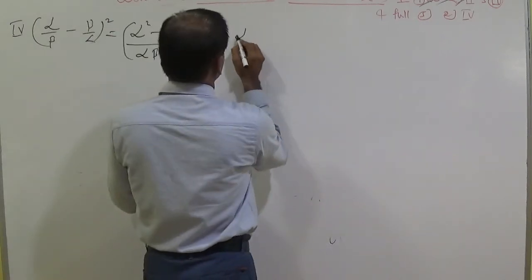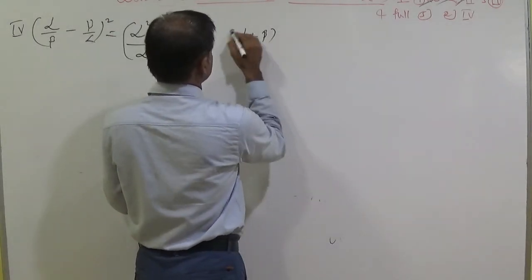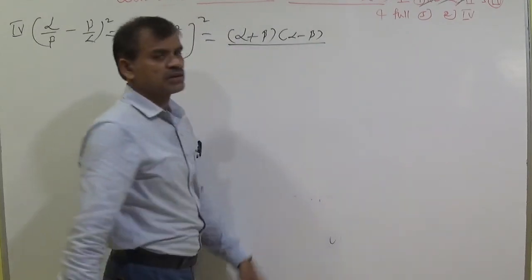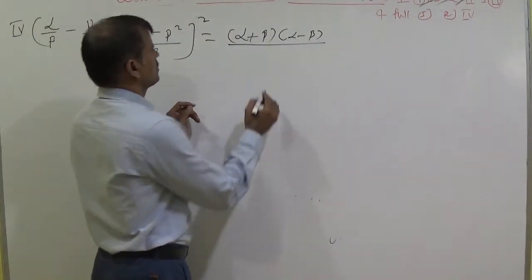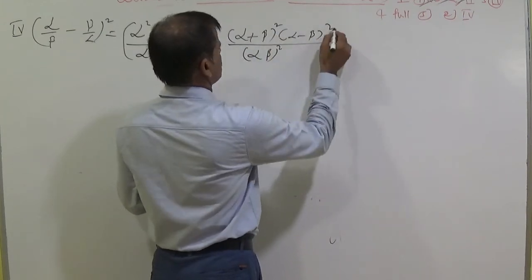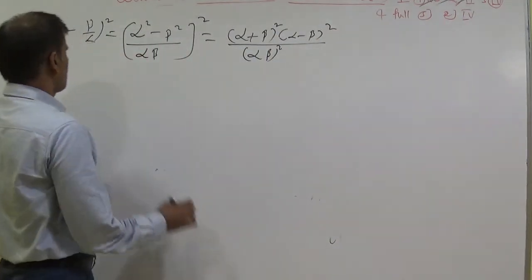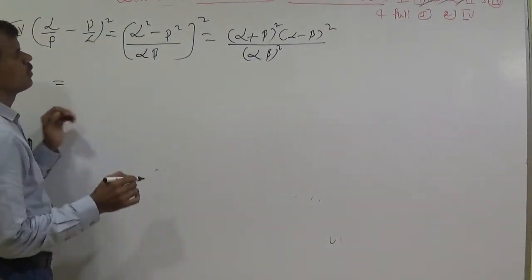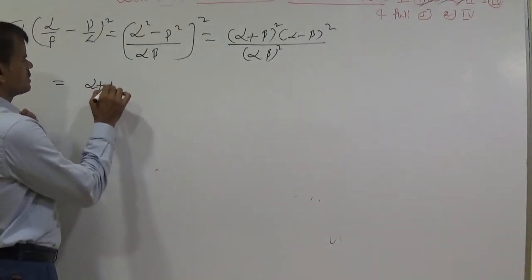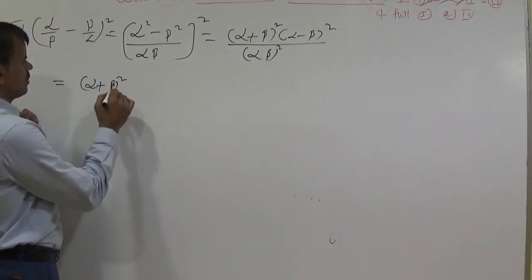Alpha square minus beta square. Students, this is a variety question. (Alpha plus beta) into (alpha minus beta) you can write in numerator, and (alpha beta) whole square in the denominator. (Alpha plus beta) whole square can be written as (minus b by a) whole square directly.